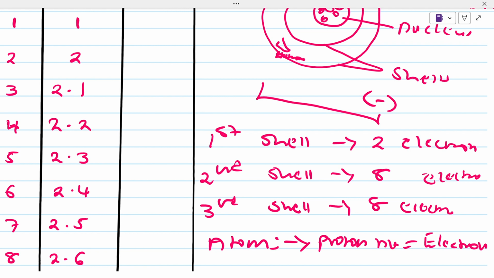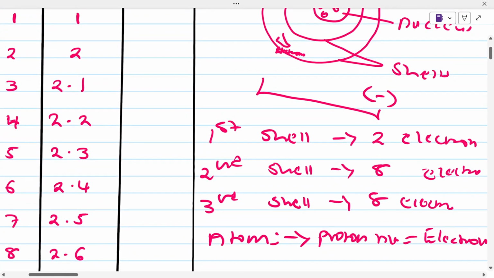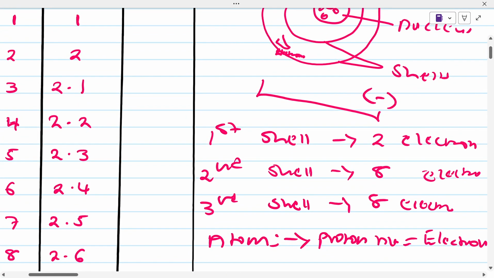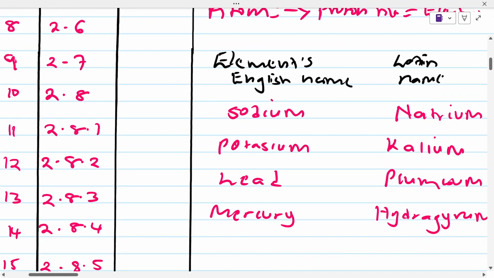So I'm coming to my periodic table, all the way down on the electronic configuration column. Then I'm going to look at this one here, and this one. Those are the ones that end with 2:1, 2:2, 2:3. Then I'm moving again, 2:8:1, 2:8:2, and 2:8:3.